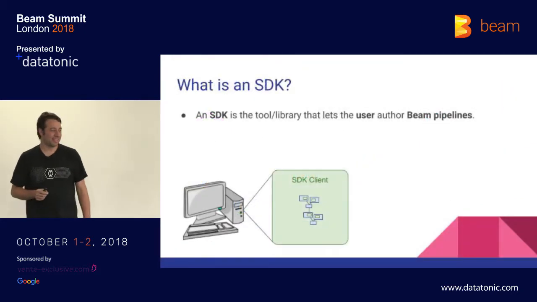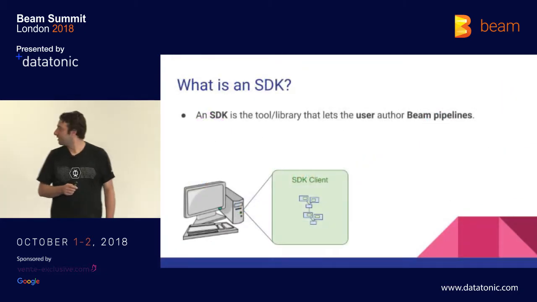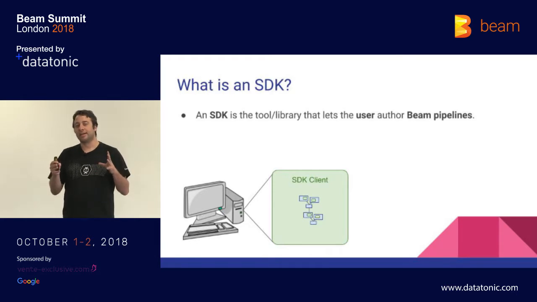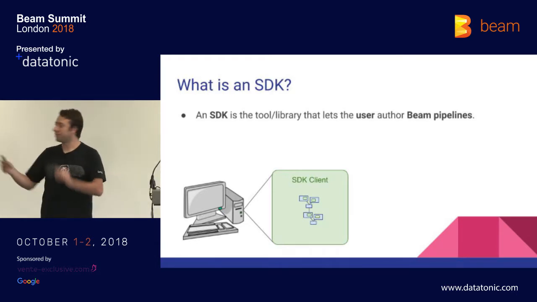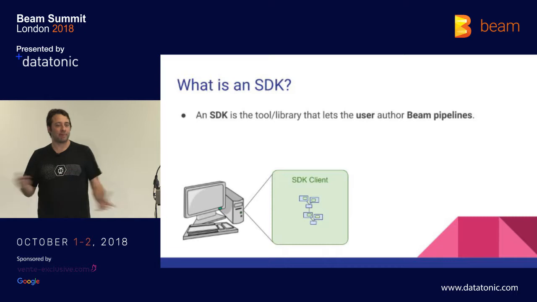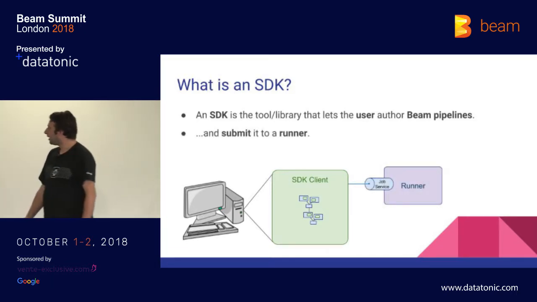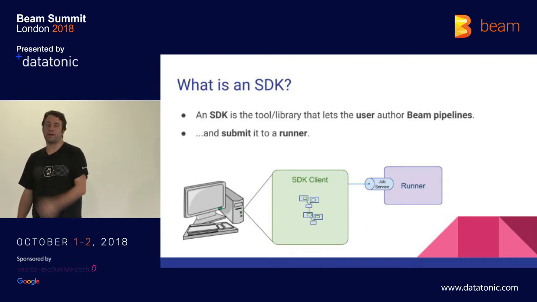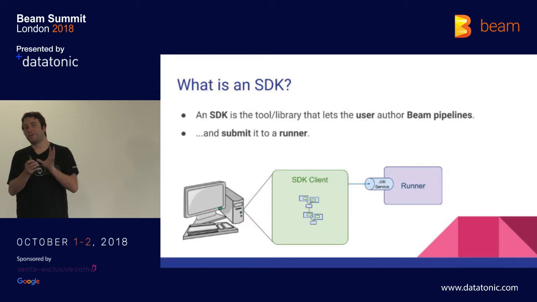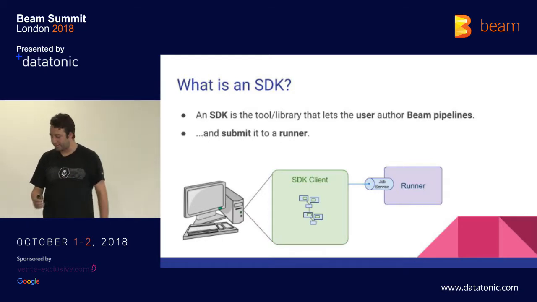So what exactly is an SDK? The SDK is the library that is used by the user to construct Beam pipelines. So when you want to make a Beam pipeline, you pick up an SDK, and that's how you construct your Beam pipeline. It's also the library that submits that pipeline to a runner. So you need to take your pipeline, wrap it up in a description, and submit it to a runner in a way the runner understands.